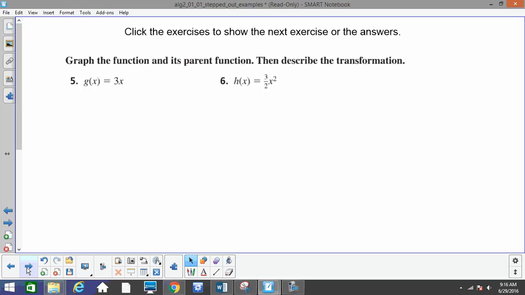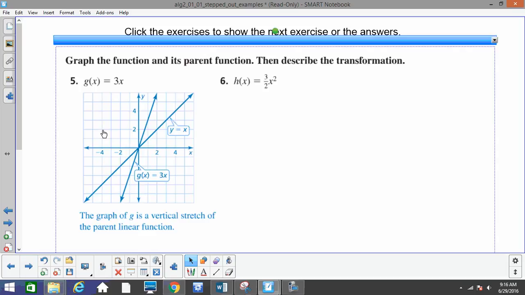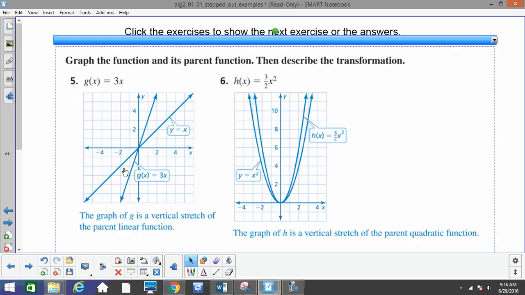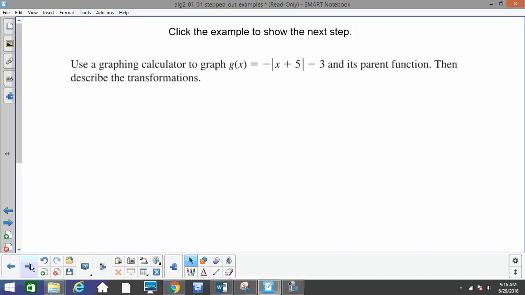On this one, we're going to graph the function and its parent function. For example number 5, it's a vertical stretch. What happens is the slope is increased. Here, that 3/2 is going to stretch the parent function. Here it says use a graphing calculator.